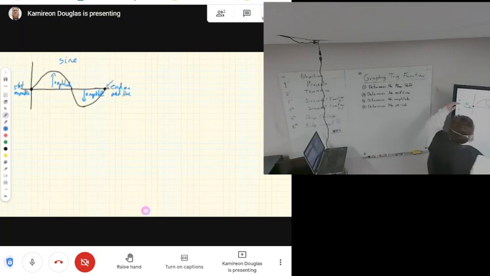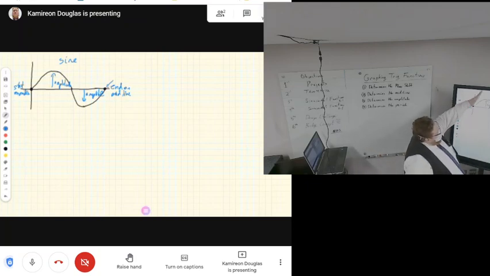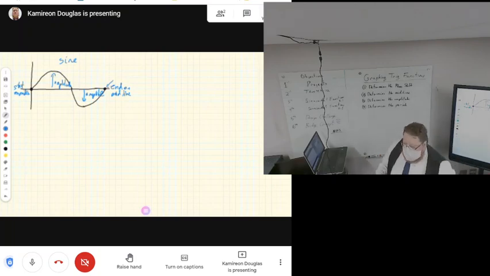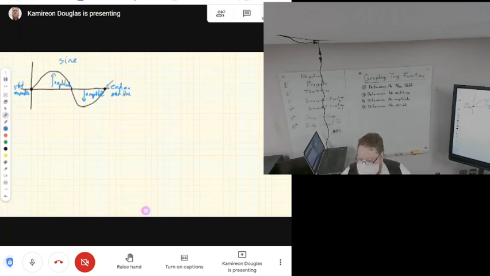So again, it starts in the midline, goes up to the amplitude, goes back to the midline, goes down to the negative amplitude, comes back to the midline. And it does all this in one period. So if I can then determine where it starts, what the amplitude is, where the midline is, what the period is, I can use this basic shell to graph any sine function.